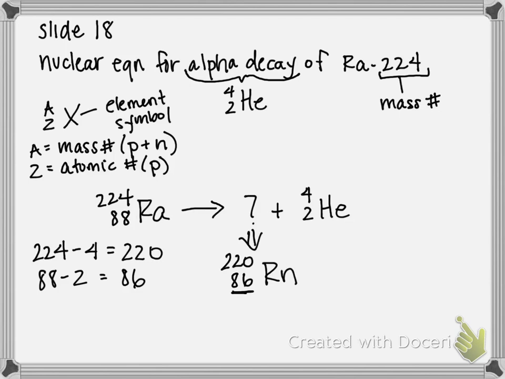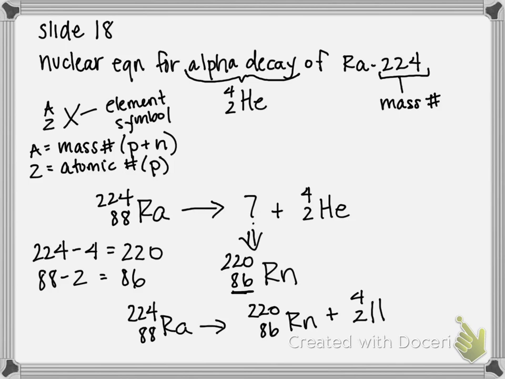So that is the element that radium decays into when it emits an alpha particle. So your complete balanced nuclear equation: 224 over 88 radium forms 220 over 86 radon plus 4 over 2 helium. And that is your final answer.